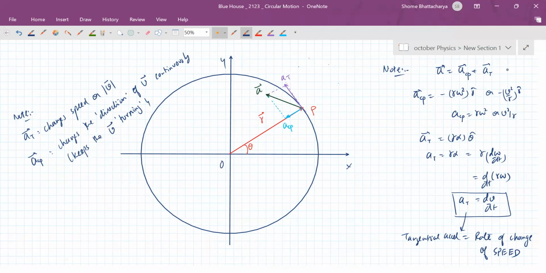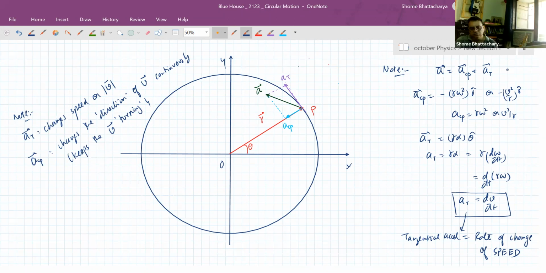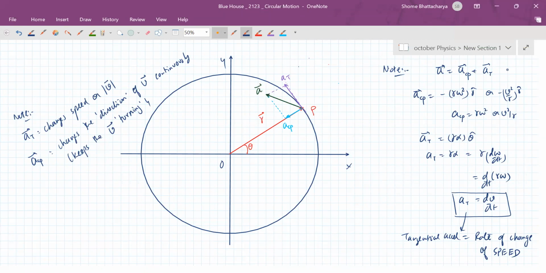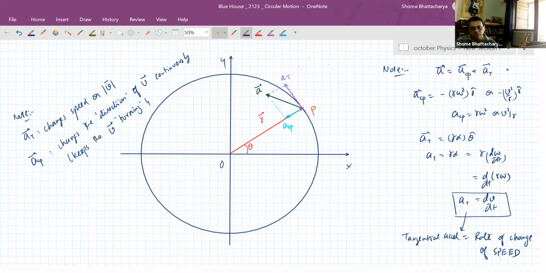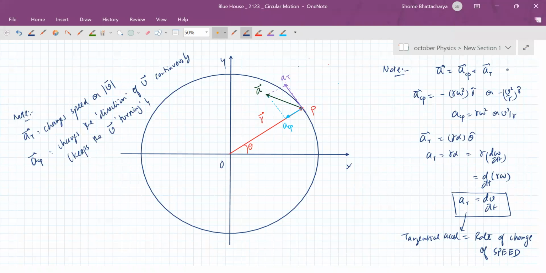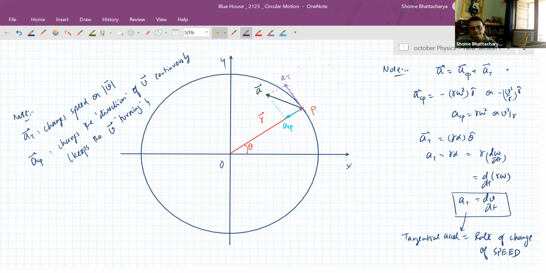Sir, the tangential acceleration vector is r alpha into theta cap, but in the next step, where does the theta cap go?